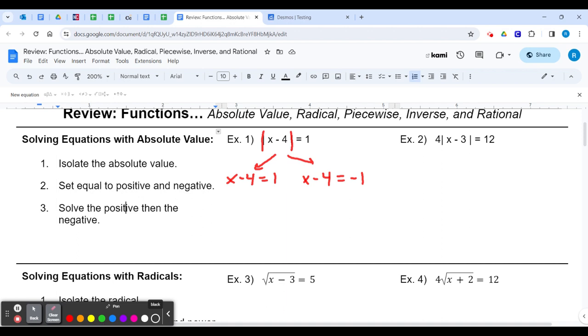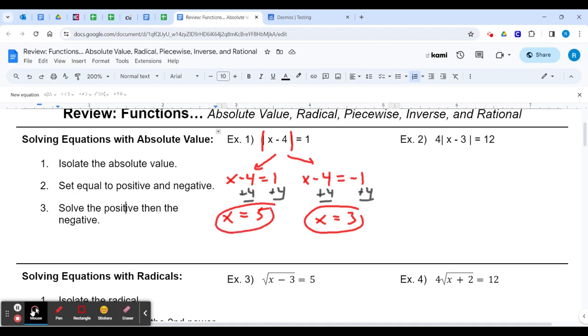So if we set that up and solve both of our equations, adding 4 on both sides for our left side, we get x equals 5. And adding 4 to both sides for our second equation, we get the option of x equals positive 3. These are our two options here.